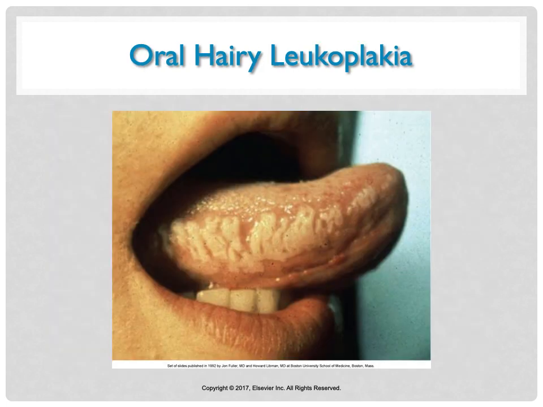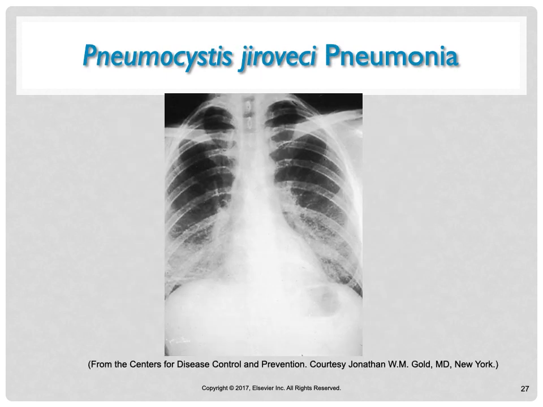Oral hairy leukoplakia is an Epstein-Barr viral infection, and it causes painless white raised lesions on the lateral aspect of the tongue. It also is another one of the things that people can have as a result of low CD4 counts.